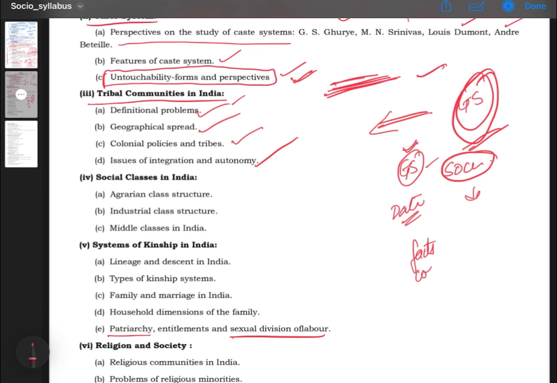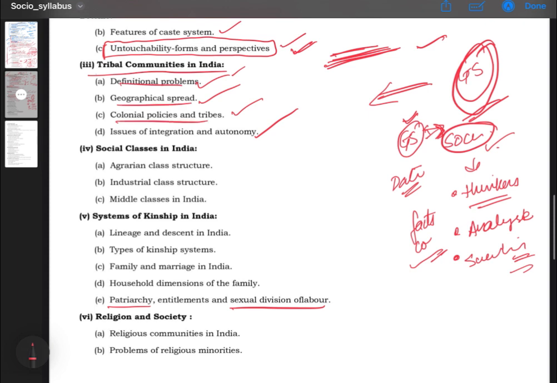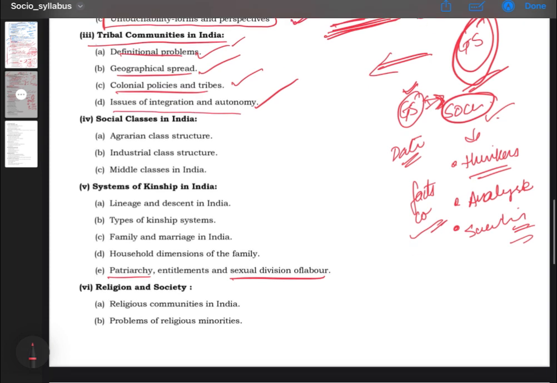In sociology, we tend to refer to more thinkers. We tend to analyze the society and refer to it in a scientific approach. When we do answer writing, we will see how, if the same question is asked in GS and in sociology, the answers will differ.